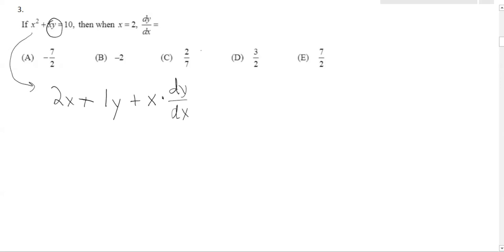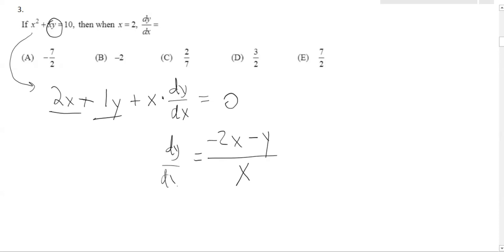Remember, the derivative of y with respect to x is dy dx. So we can subtract the 2x minus y, subtract these two terms, then divide by x and set that equal to dy dx. And we know x is 2.